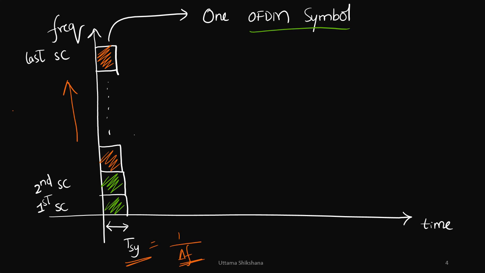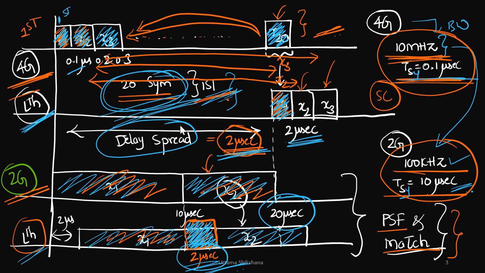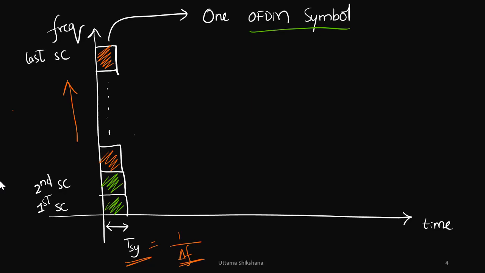The example I have taken is 10 megahertz with a symbol duration of 0.1 microseconds. This corresponds to single carrier, whereas this one would be 4G, where I am dividing the 10 megahertz into 10 kilohertz subbands. Each symbol duration is 10 microseconds. So each of these subcarriers has 10 kilohertz of bandwidth, and the symbol duration will be 10 microseconds. Based on this, let us see.